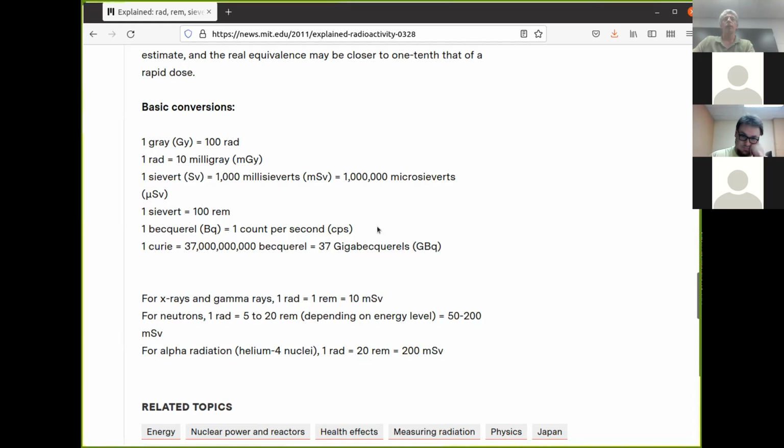But usually a radioactive source has an activity that's much higher. And so just like a more convenient unit is the ampere rather than 1 elementary charge per second, a more convenient unit for the number of decays in a radioactive sample is the Curie, which is 37 gigabecquerel, right?